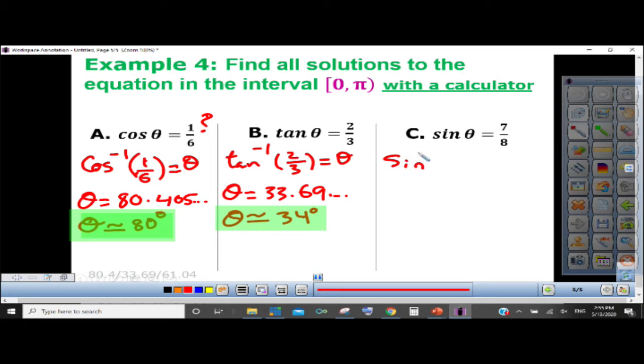Inverse sine of this amount will equal your angle. So you just have to punch that in. I'm going to put second sine on my calculator, and that's going to give me about 61.04.